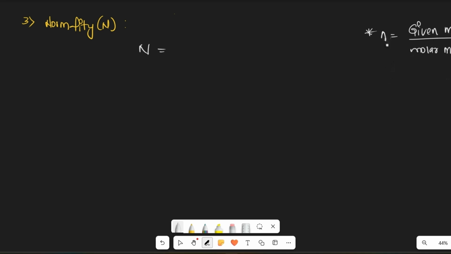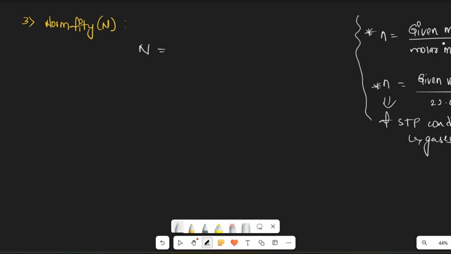And one more formula for finding the number of moles is given volume by 22.4 liters. This is only for STP condition, standard temperature and pressure, and applicable only for gaseous systems. These are the two ways that you can find the number of moles.